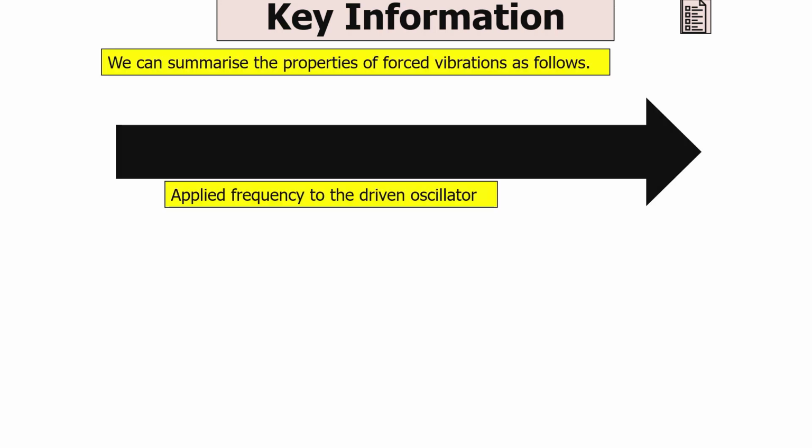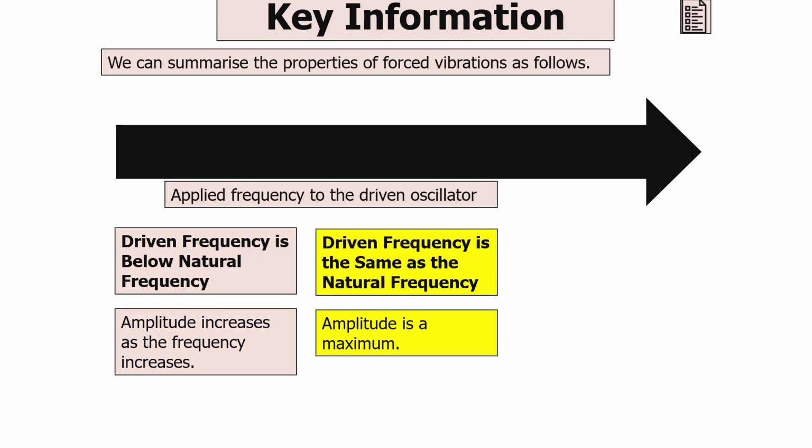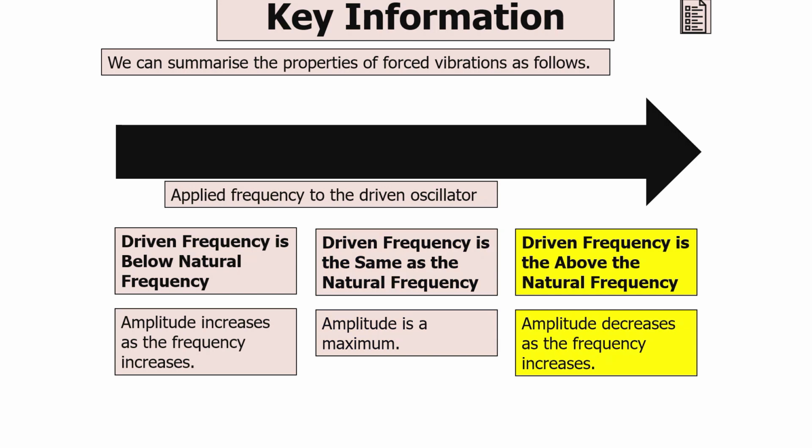So we can summarize the properties of the forced vibrations as follows. When we apply a frequency to the driven oscillator, when the driven frequency is below the natural frequency, the amplitude increases as the frequency increases. When the driven frequency is the same as the natural frequency, the amplitude is at a maximum. Now when the driven frequency is above the natural frequency, the amplitude decreases as the frequency increases.